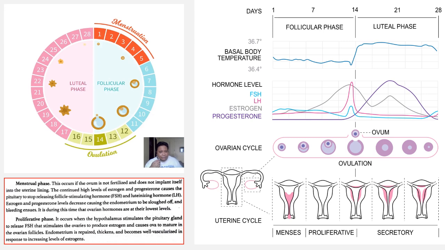The continued high levels of estrogen and progesterone cause the pituitary to stop releasing FSH and LH hormones. So the estrogen and progesterone levels decrease, causing the endometrium to be sloughed off and bleeding ensues. That's why it's a period.